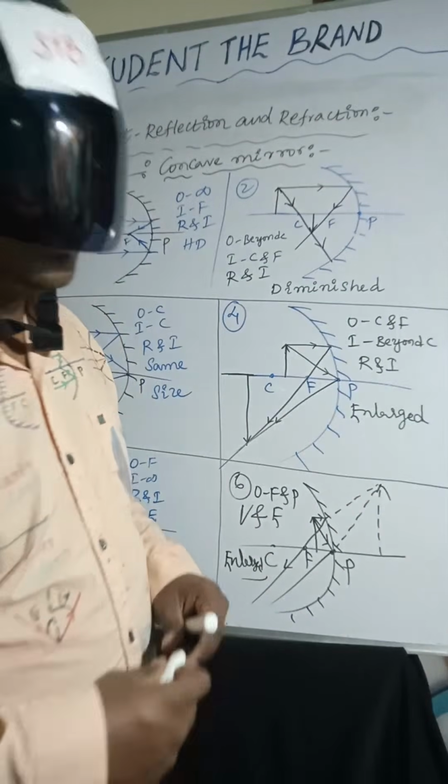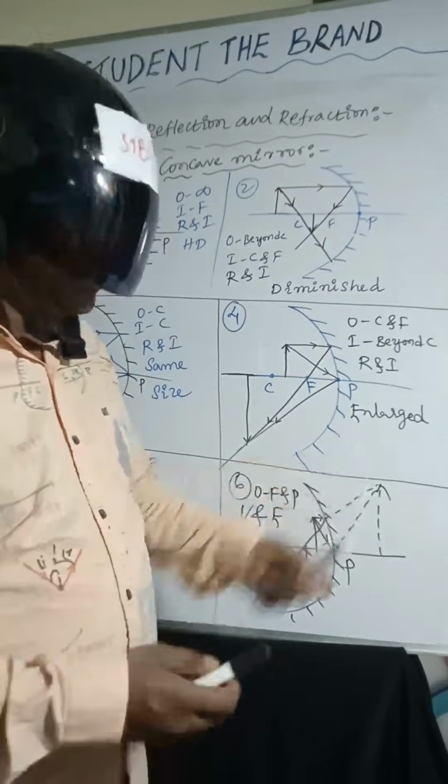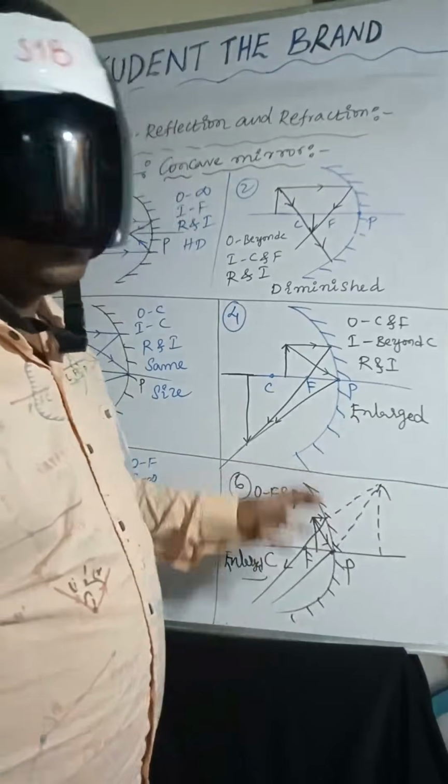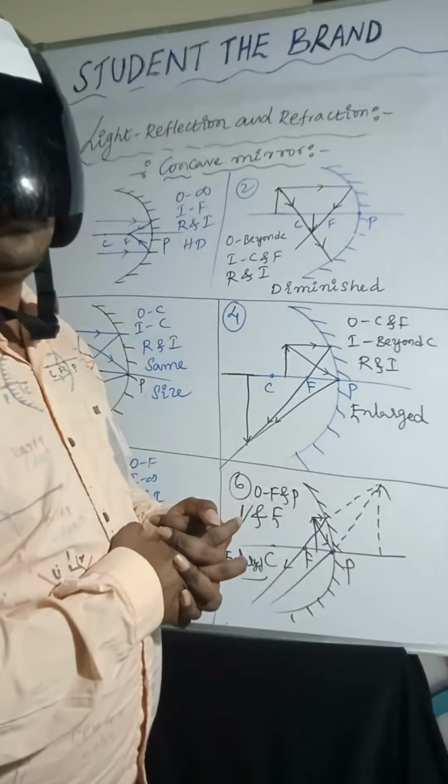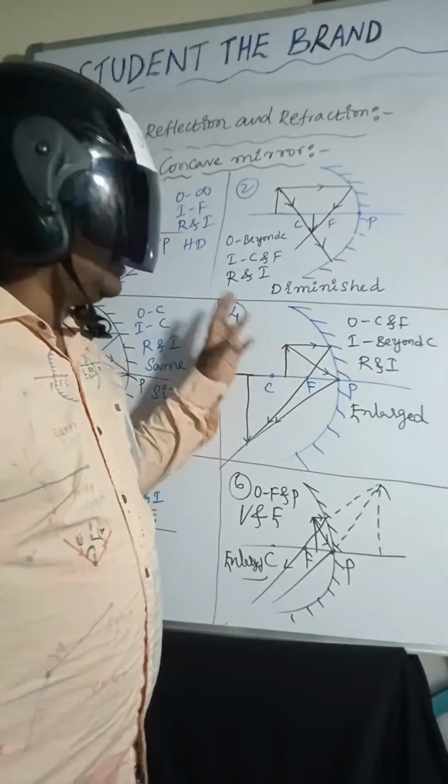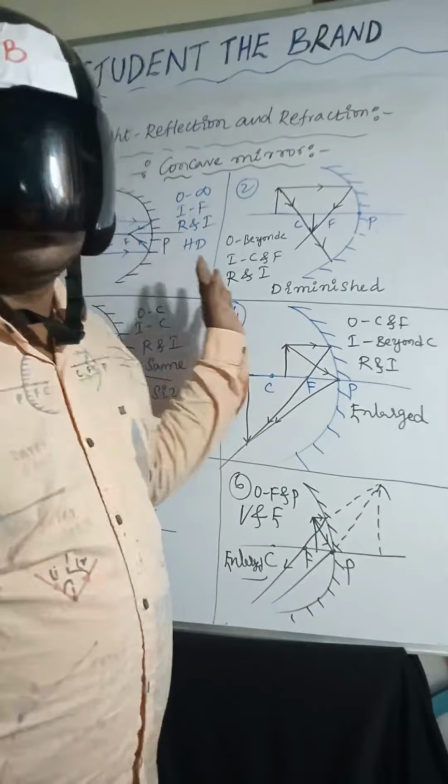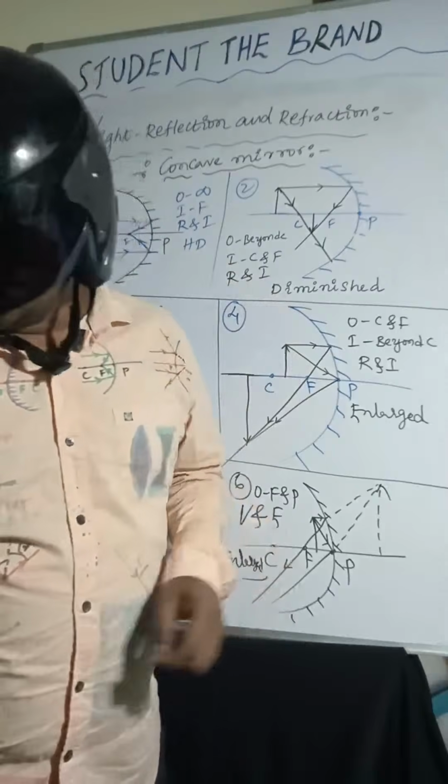Okay, so check once. Image is formed behind the mirror. Nature of the image is virtual, erect and enlarged. Okay, so just look at the diagram, just check once. Again I will explain the topic.